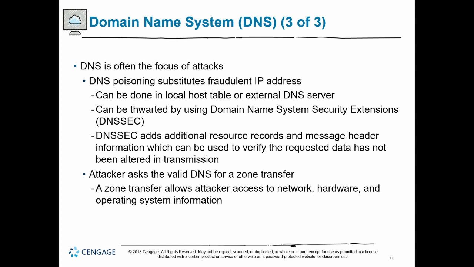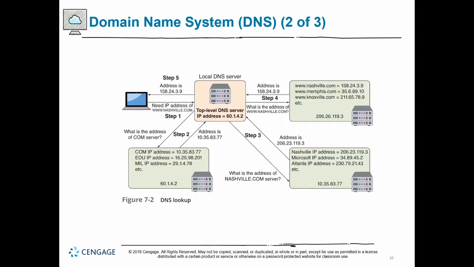DNSSEC adds additional resource records and message header information, which can be used to verify the requested data has not been altered in transmission. So DNSSEC is essentially when you're doing a DNS lookup, it'll add resource records and message headers to ensure the integrity of the lookup while it's going through each of these subdomains, right?